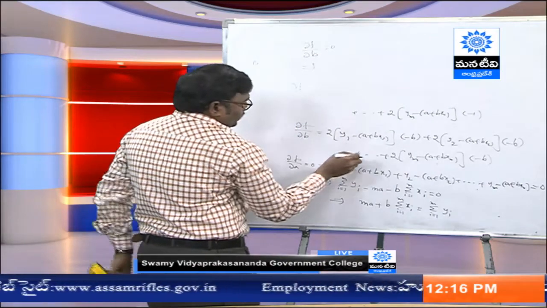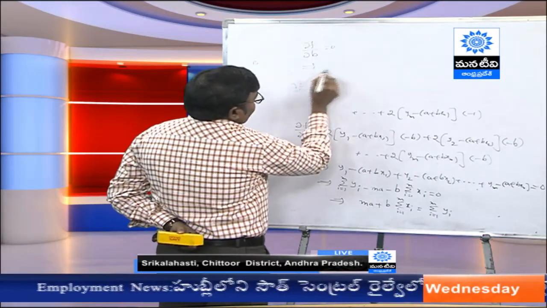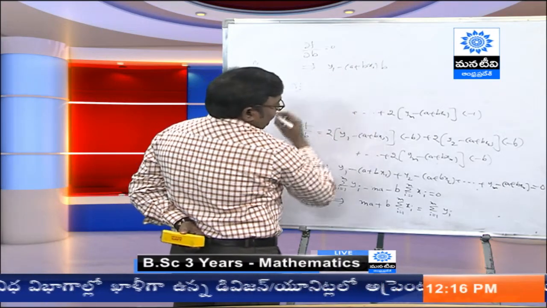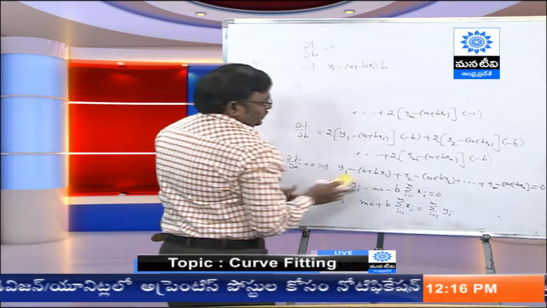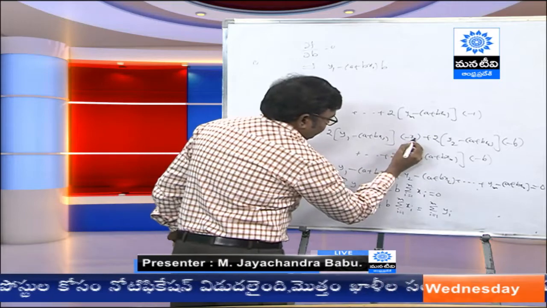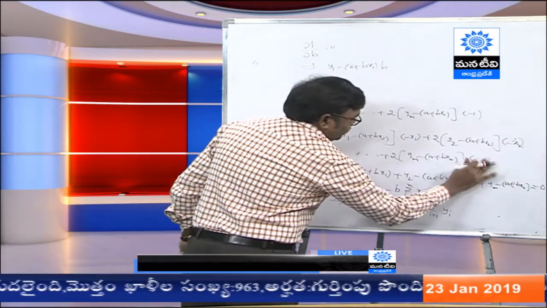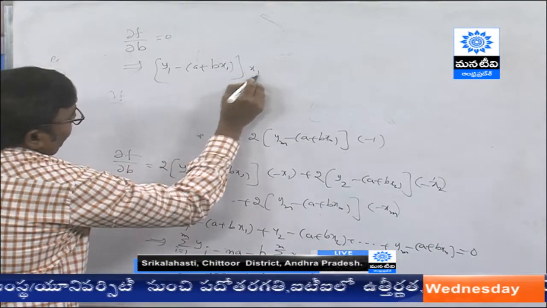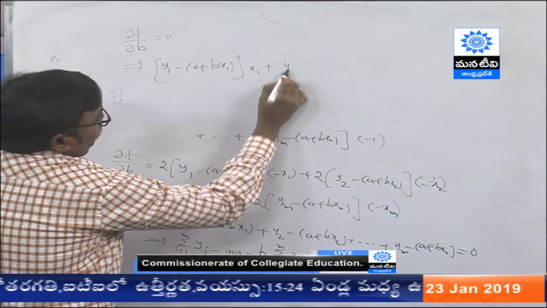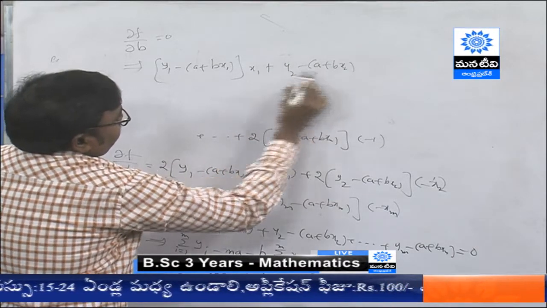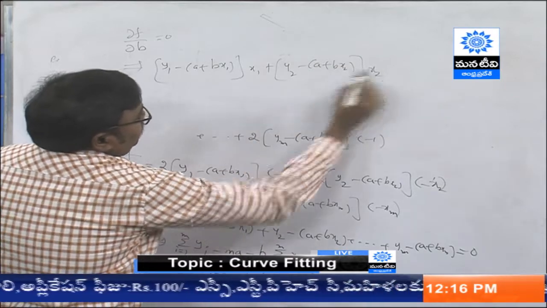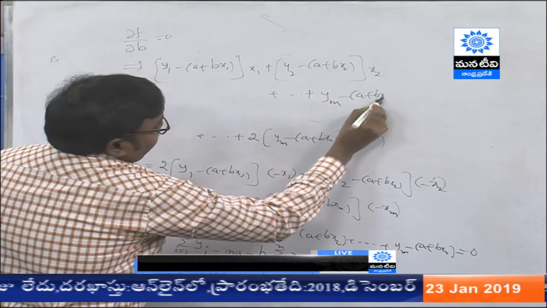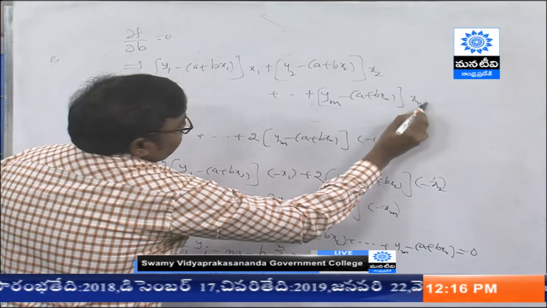So, here dou f by dou b is nothing but this one. We can write it as (y1 minus (a plus b x1)) into minus x1, minus x2, minus xm. So, this is nothing but (y1 minus (a plus b x1)) into x1 plus (y2 minus (a plus b x2)) into x2 plus so on (ym minus (a plus b xm)) into xm equal to 0.